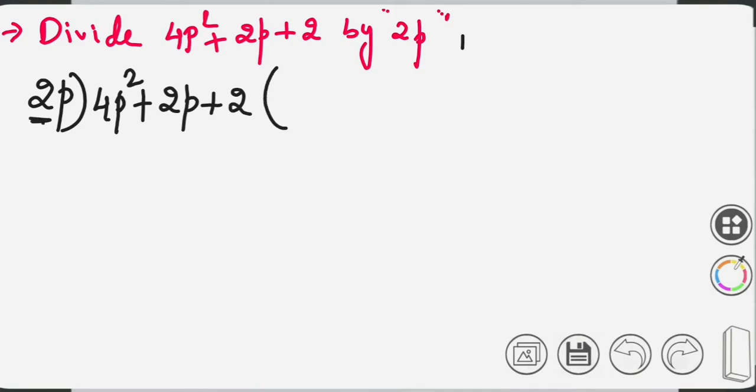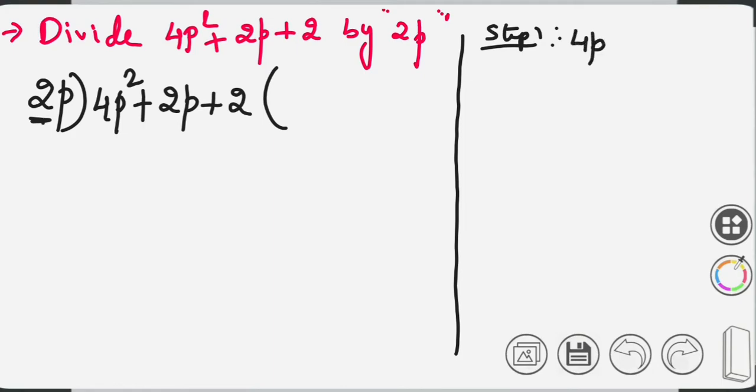Already we know the steps. So step 1. In step 1, what we have to do? The first term, that is 4p square, by the first term of the divisor, that is 2p. Dividend by divisor, you have to write first term by first term.